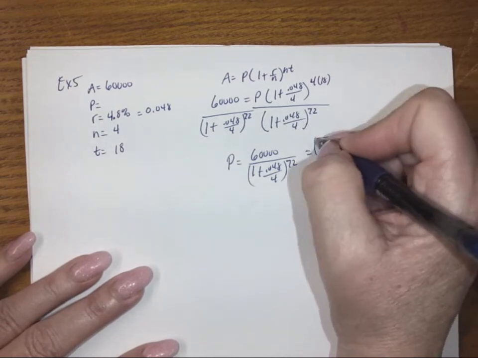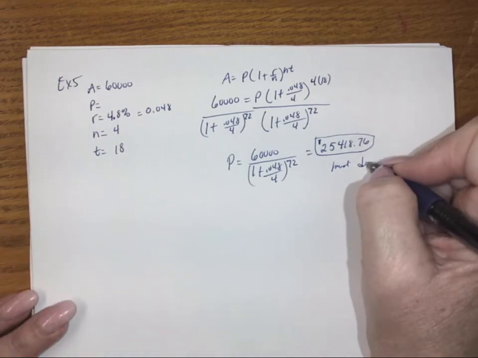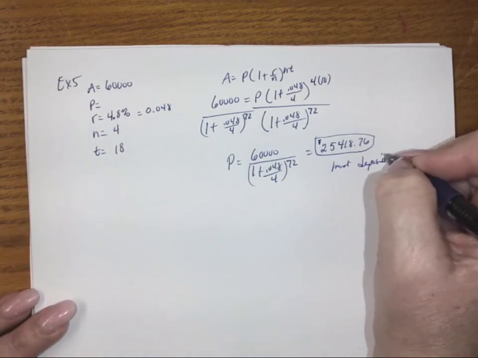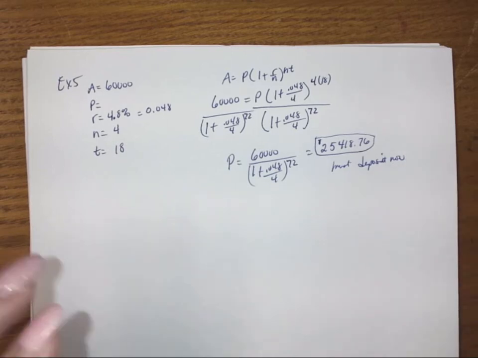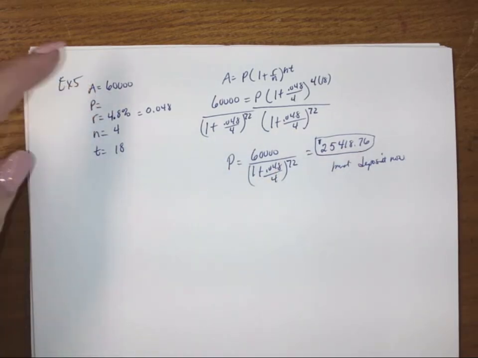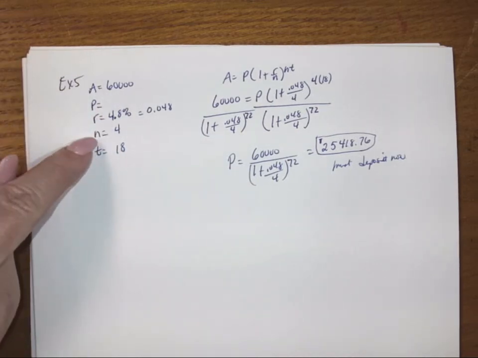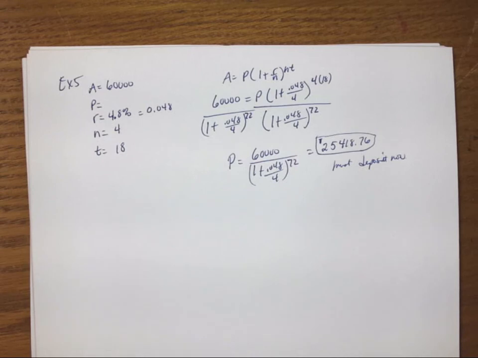So this is what you must deposit now. So you're going to have to put in $25,000 in order to get $60,000 by the time they're 18 because of the small interest rate and the number of compounding periods.